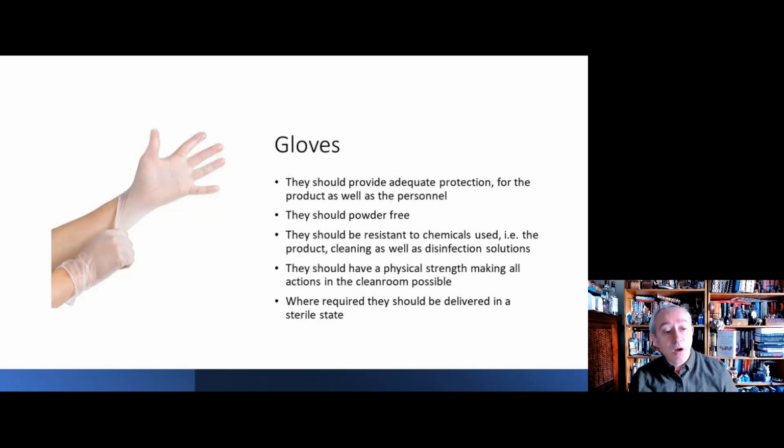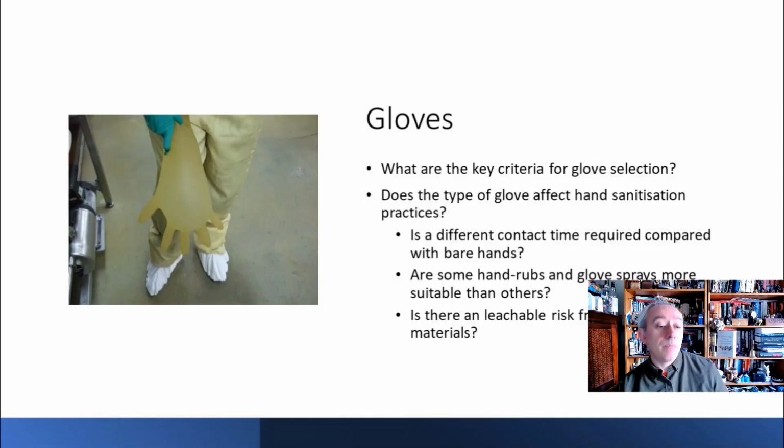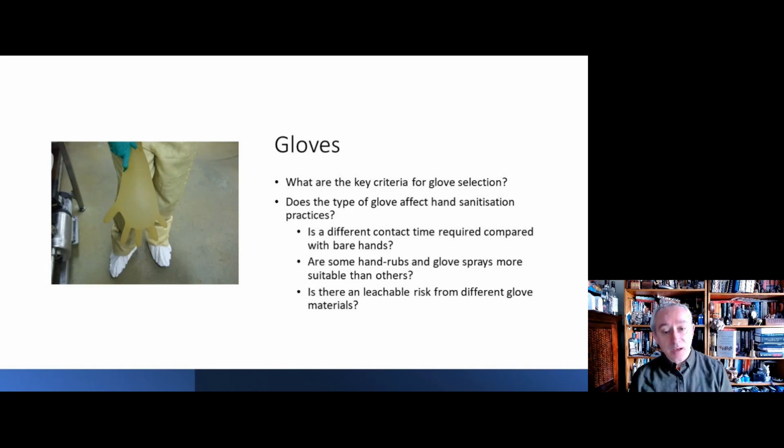And as important as masks are gloves. So they're designed to protect people from chemicals, and they're also designed to stop skin bacteria getting into places, and they also need to be compatible with the disinfectants that we're using. So there are lots of studies that take place looking at how well the gloves relate to disinfectants and so on.